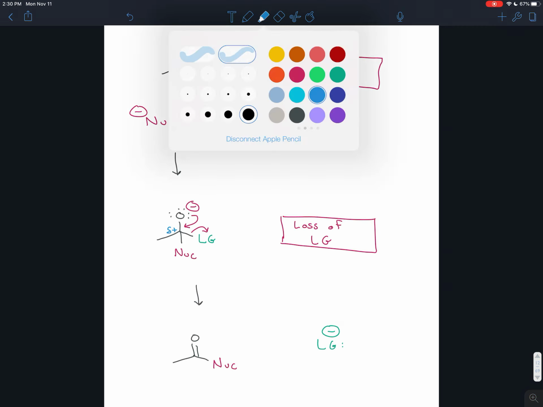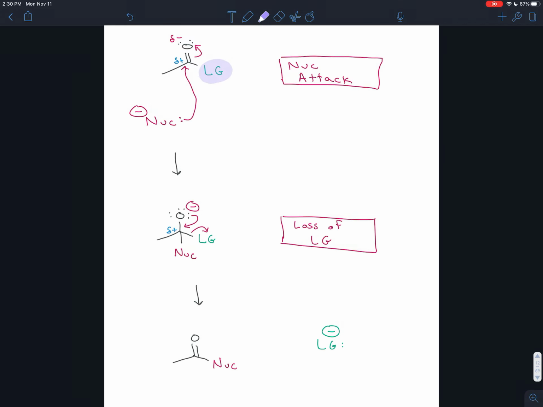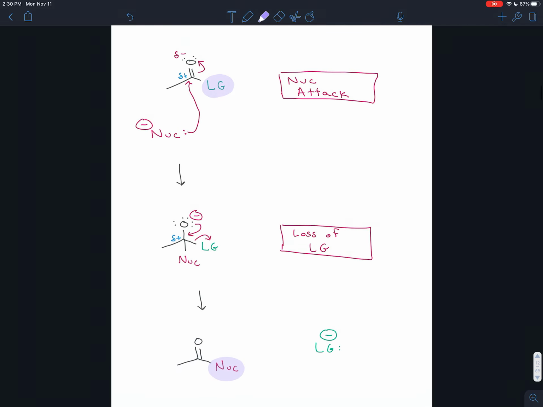So we started with the leaving group on our molecule, we've ended with a nucleophile. So we've substituted one thing for another, and we did that on an acyl chain, so nucleophilic acyl substitution. That's the overall mechanism for almost everything that happens in this chapter. The only difference is what the nucleophile is going to be and what the leaving group is going to be.